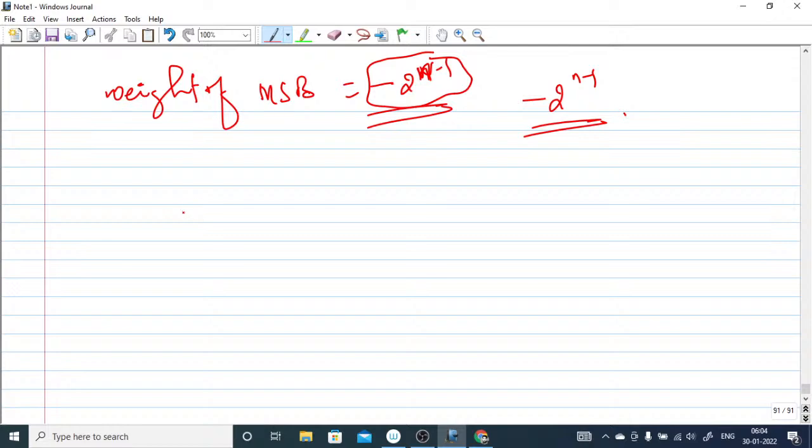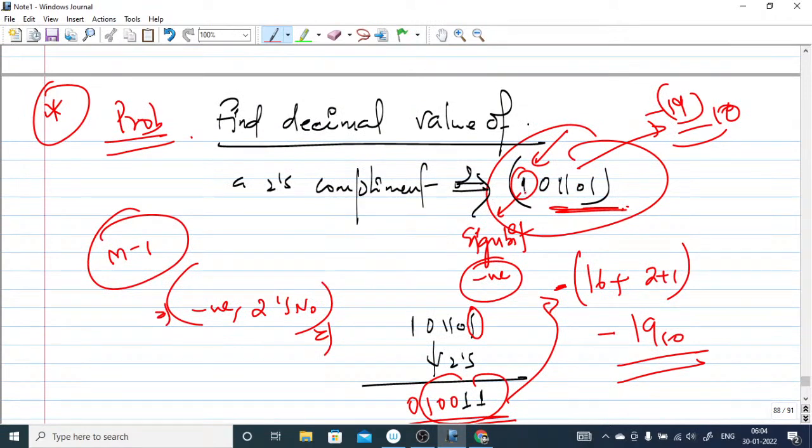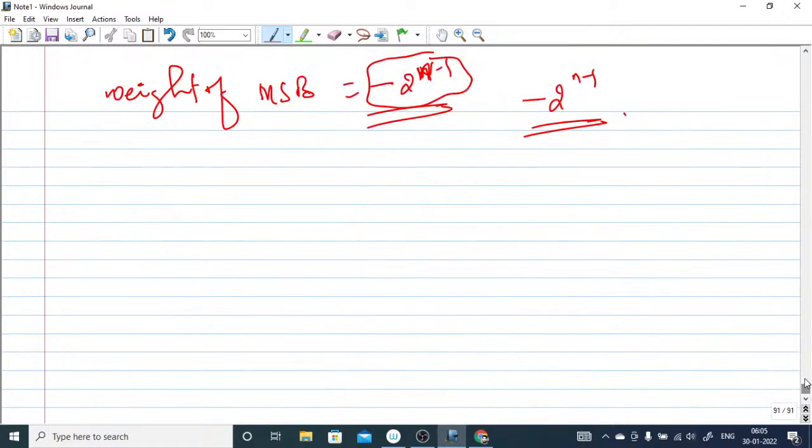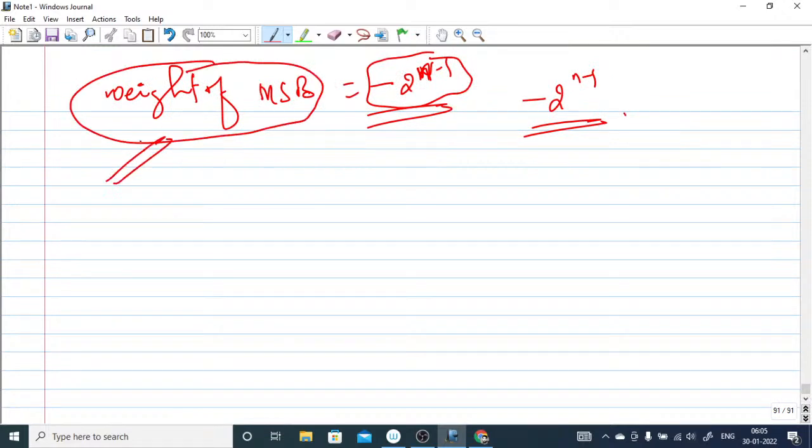Let me show you: 1 2 3 4 5 6, so 6 bits. The weight of MSB will be minus 2 to the power n minus 1. Always keep this in mind in case of 2's complement.